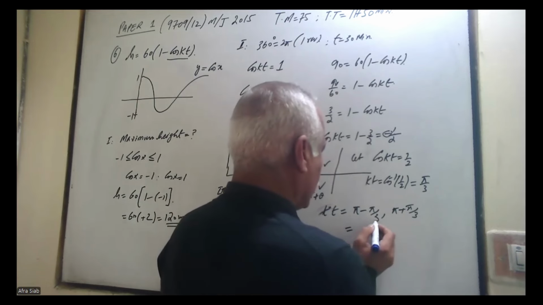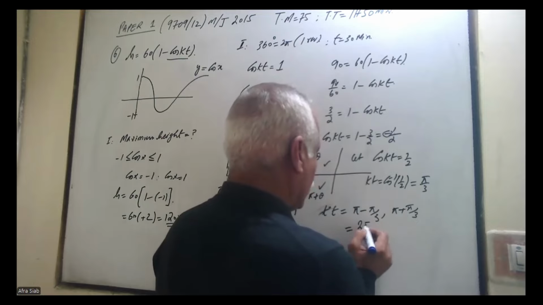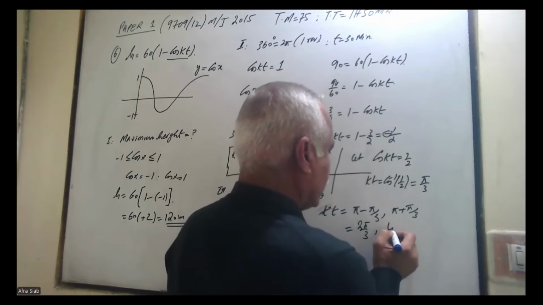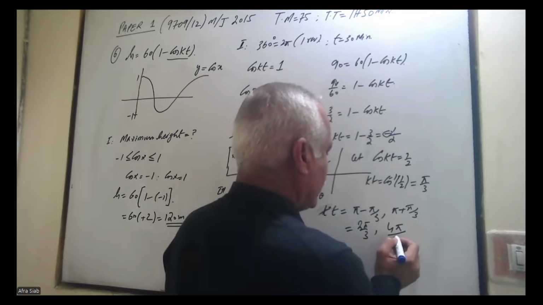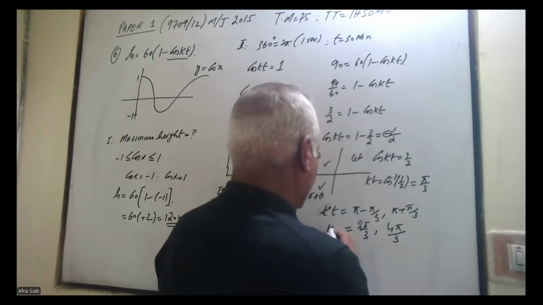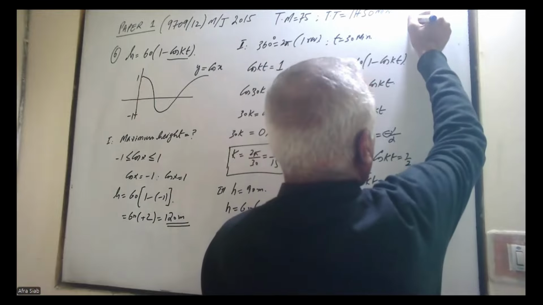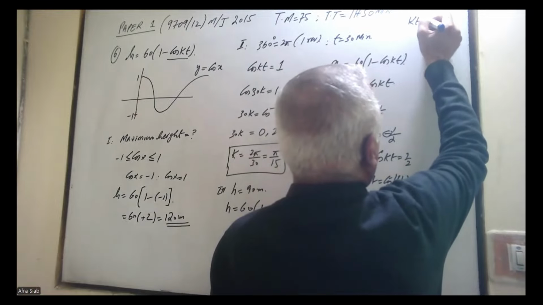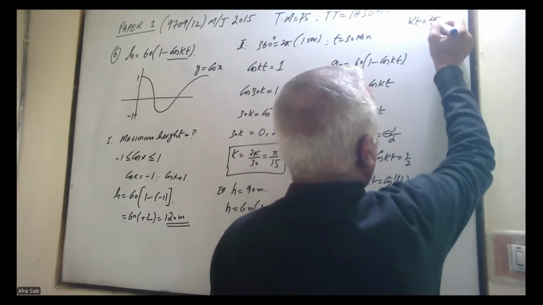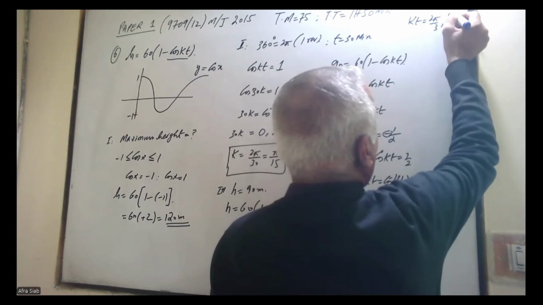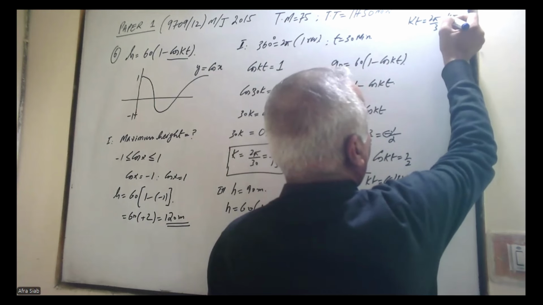So that is equal to 2 pi by 3 and 4 pi by 3. That is equal to kt. So kt is equal to 2 pi by 3 or 4 pi by 3.